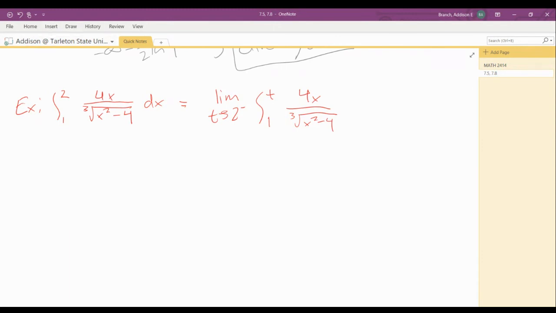All right, so once again we can do a pretty simple u substitution. u is equal to x squared minus 4, du is 2x dx.